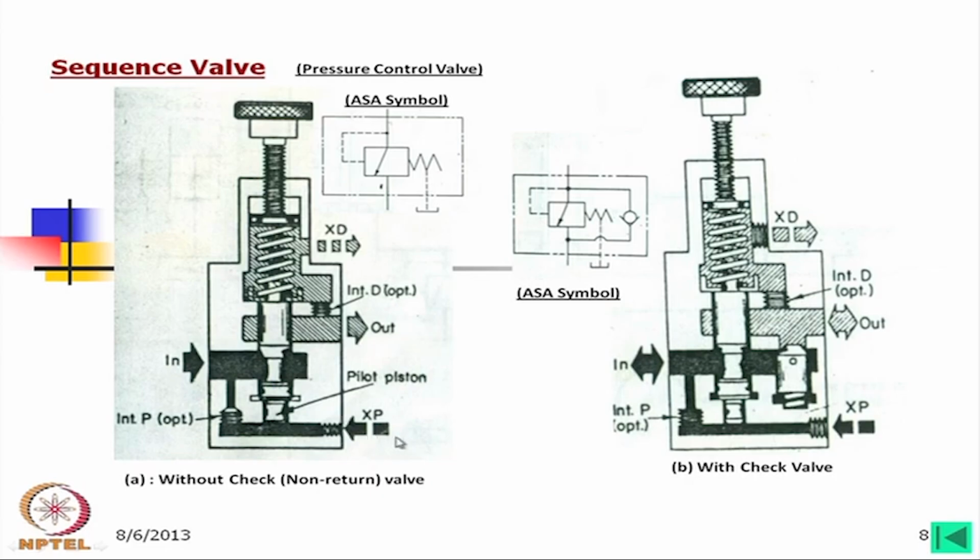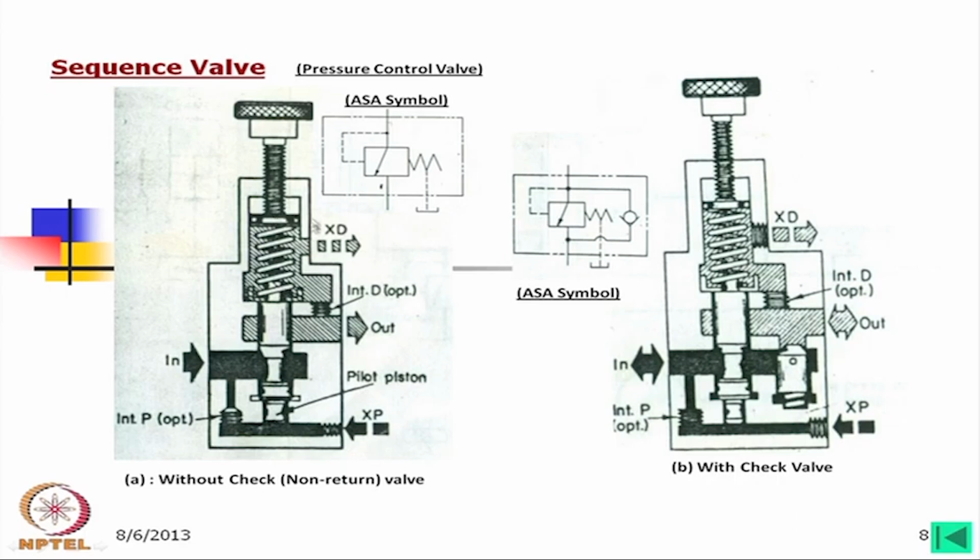Then you can see one port for the external signal, and this is the internal port, which is optional. We can keep it open or we can keep it closed. Now, this is the pilot piston.